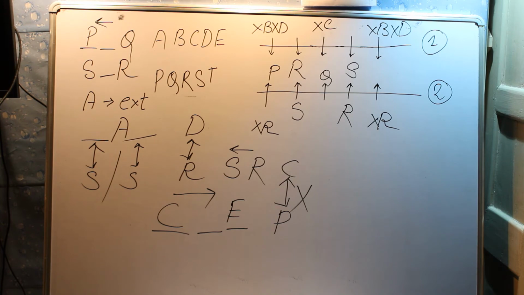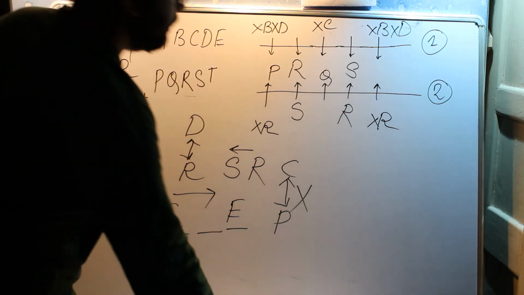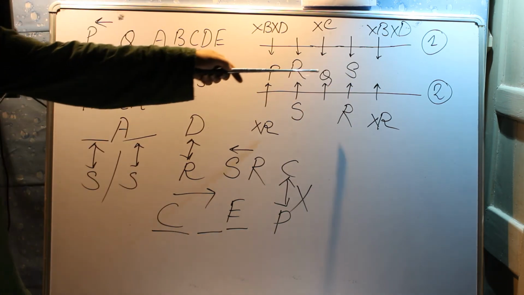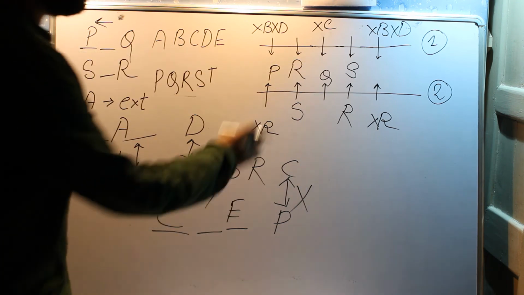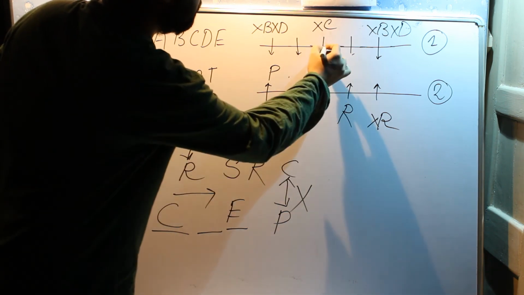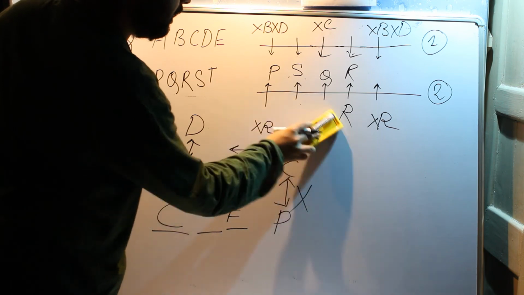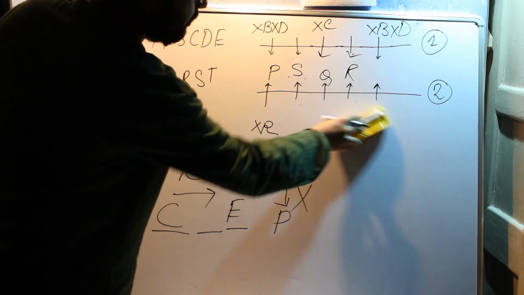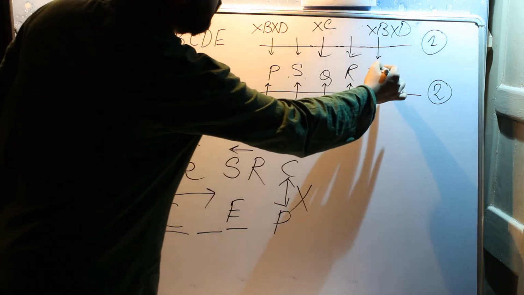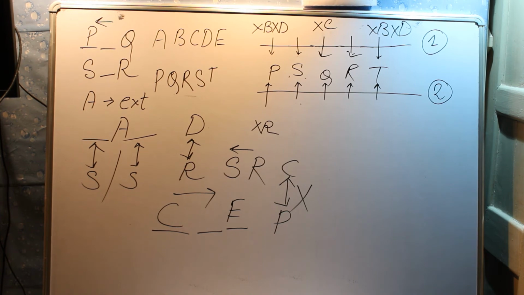Now you see that S is to the left of R. If S is to the left of R, this is not correct, so erase it, because here S is to the right of R. So this is correct. Only one person is left and that is T. So we will place T here. Correct? So with this, our row 2 arrangement is completed.